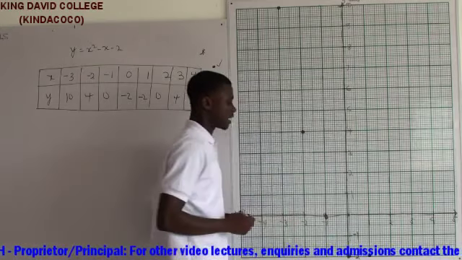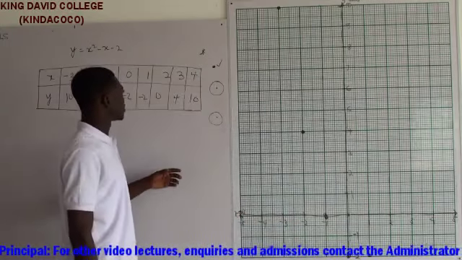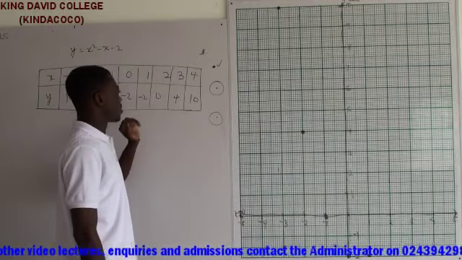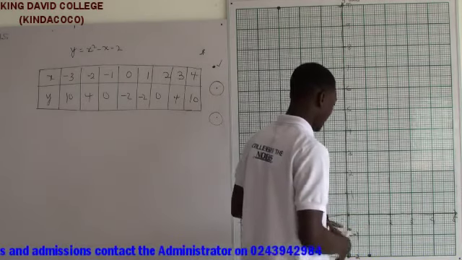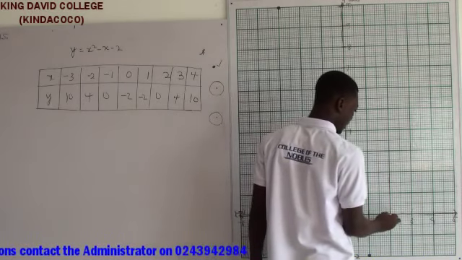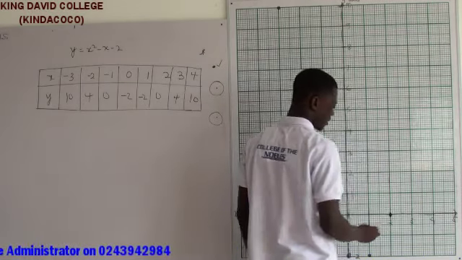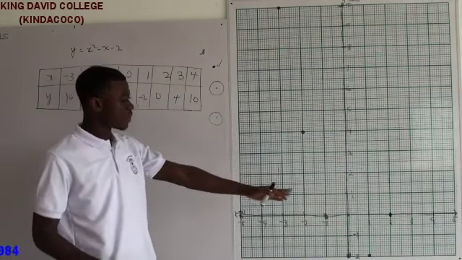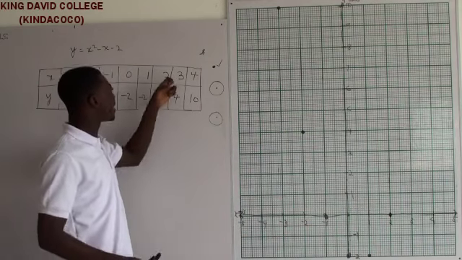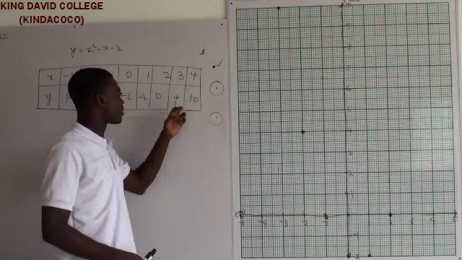Okay? Minus 2. When x is 2, y is what? 0. So when x is 2, y is 0. So we just have it here. Very well. Then we have when x is 3, y is 4.